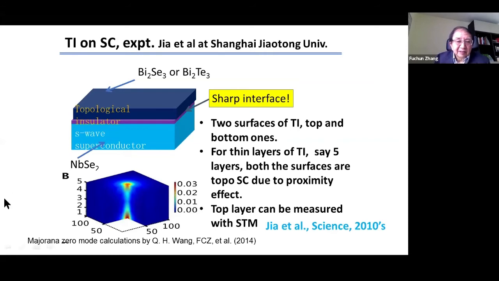The lower panel figure shows a real calculation by my friend Changhua Wang at Nanjing University for the 5 layers. And you see the so-called Majorana zero mode is pretty much confined in the top, the 5th layer, and the 1st layer. So that's the real calculation you can see.